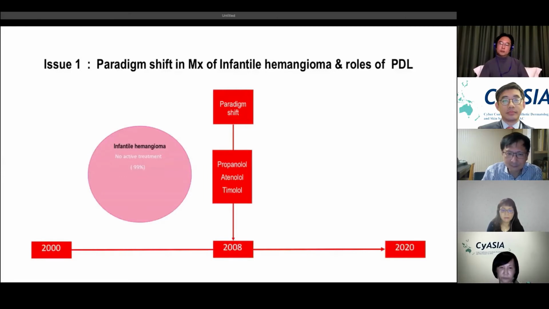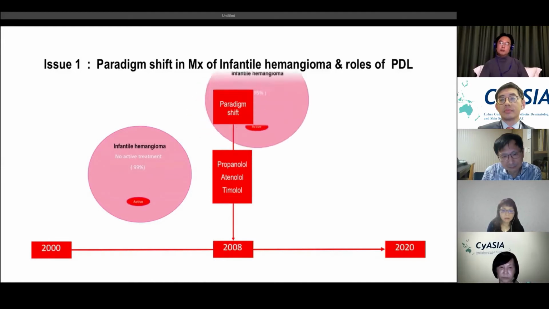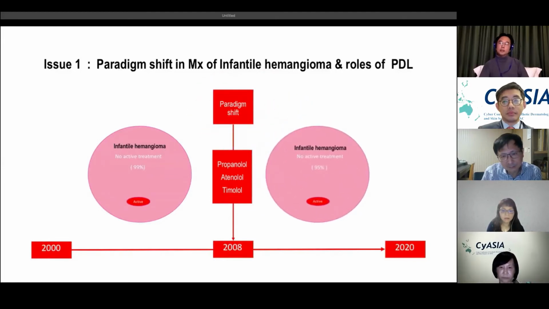Before 2008, most patients with infantile hemangioma required no active treatment. But the percentage of patients requiring active treatment has increased significantly after 2008. And the main reason is because of propranolol, atenolol, and timolol.